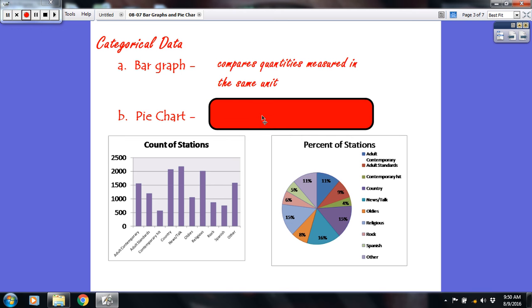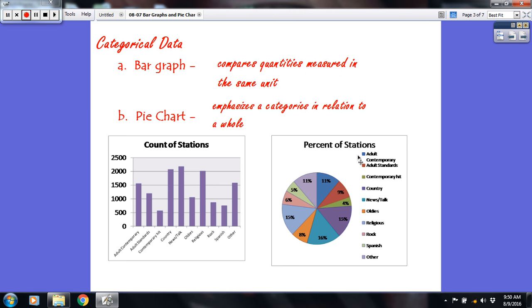The second way that we can display categorical data is called a pie chart. I know you've seen these before. For this one, we use the relative frequency table in order to produce the pie chart. Why? Because percentages show the data in relationship to a whole.